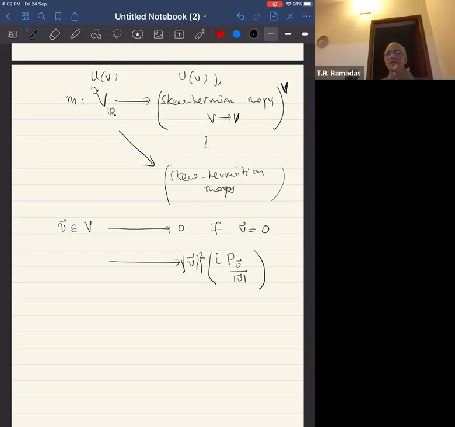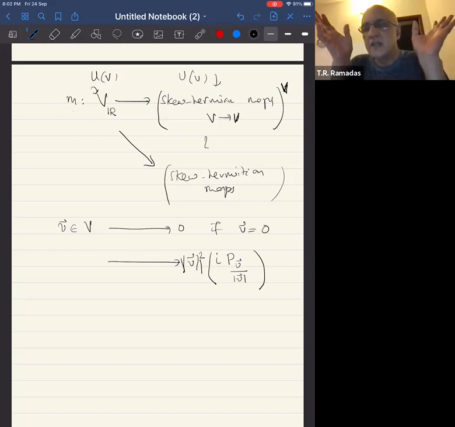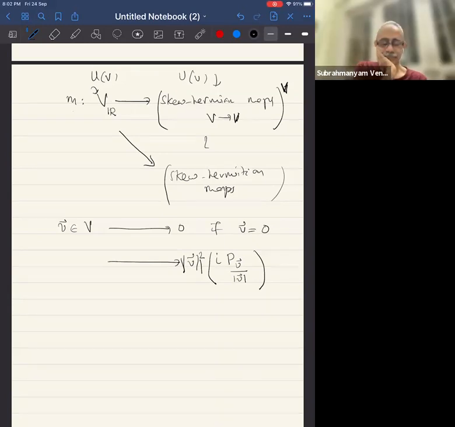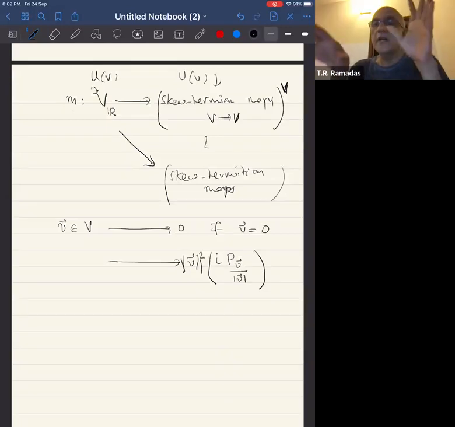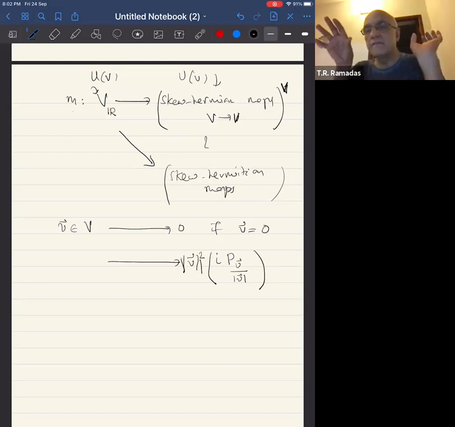Because you have chosen an inner product. Yes, that is why you have a UV. In a complex vector space, there is no UV. Once I choose an inner product, then the unitary transformations with respect to that inner product make sense. And you need the inner product also to define the symplectic structure. Without the inner product, you only have algebraic geometry. The inner product brings in differential geometry and the full machinery.